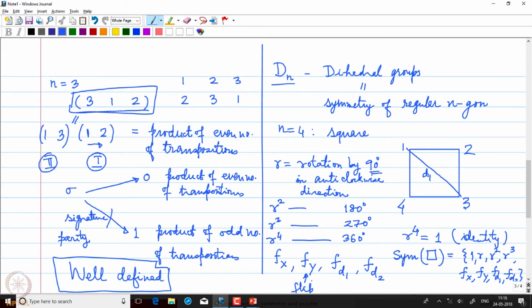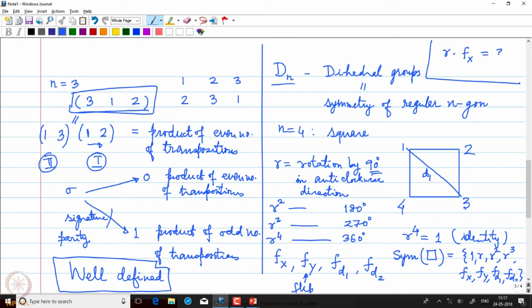In fact, as I said yesterday, composition of two symmetries is again a symmetry. So it would be a good exercise for you to think what is, say, R composed with, say, fx. You first flip it about x-axis and then you rotate it by 90 degree in anti-clockwise direction.